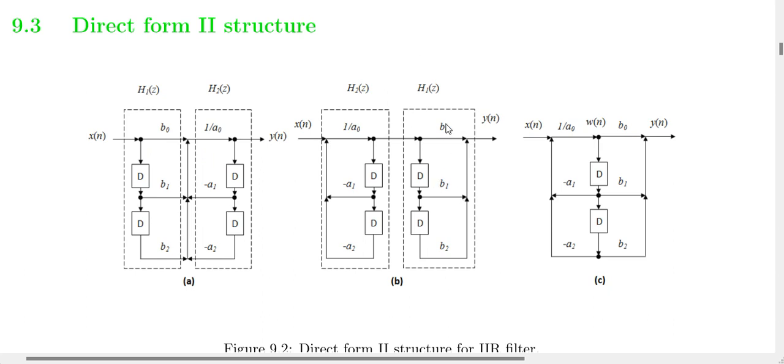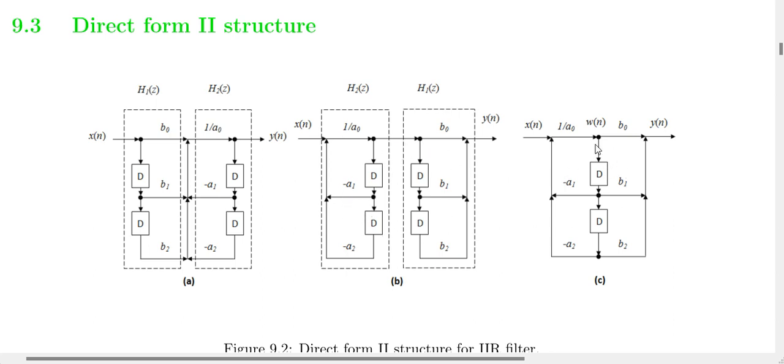Okay? Now, we see here delay, the same node delay. So, the second delay is redundant. We can preserve one of the delays as appeared here. We have called this node w of n. So, delay, another delay, the same node.